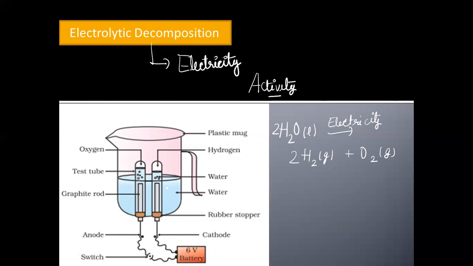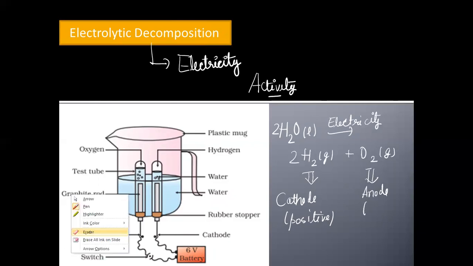Now, when current is passed through the water, there's the formation of hydrogen gas and oxygen gas. Hydrogen gas is evolved at cathode. What cathode is? The cathode is the electrode which is positively charged. Second electrode is anode. Give me a second.